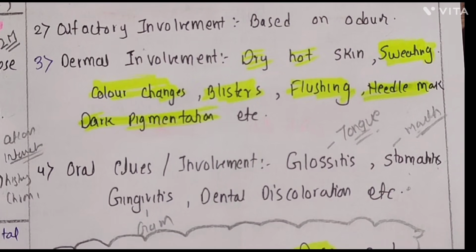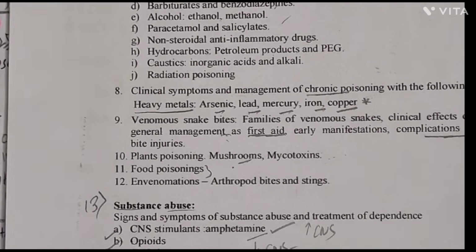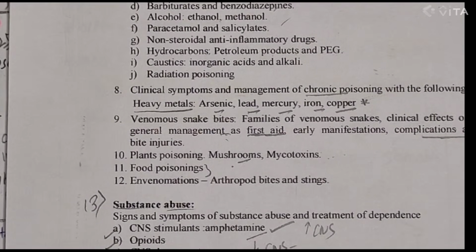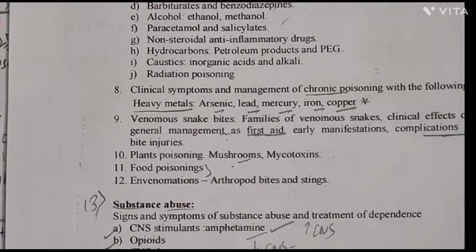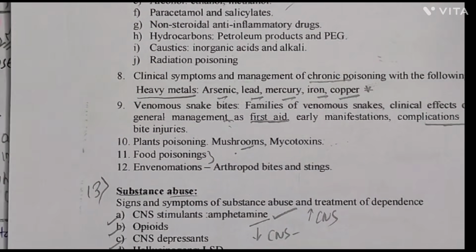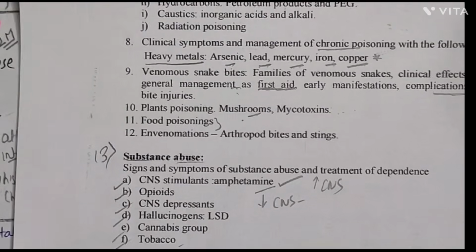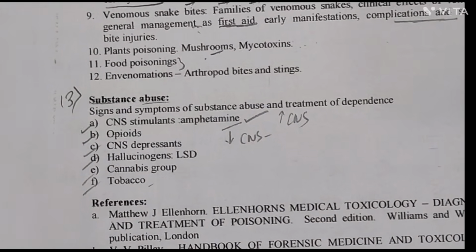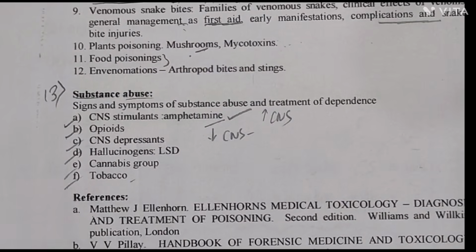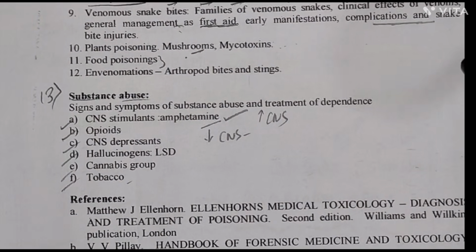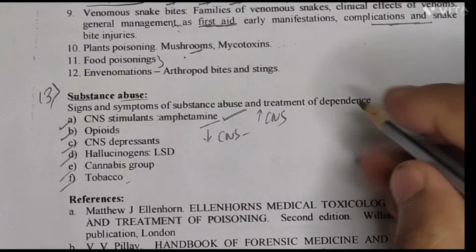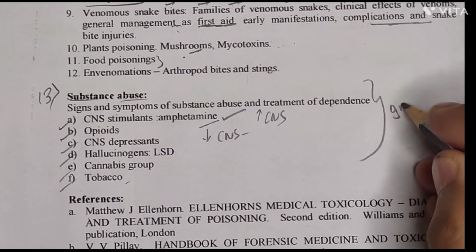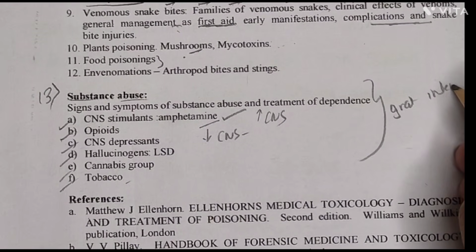Out of that, 1, 2, 3, 4 and 5 are integrated chapters, and 7 is very important from exam point of view, 8 also very important from exam point of view, right? 9, 10, 11, 12 very important for our understanding purpose, and 13, as we all are in the eligible age, our age is something like just we crossed adolescence, or right now also we are in adolescence. So again this substance abuse is of great interest for us, and we are going to see all these things in detail, right?